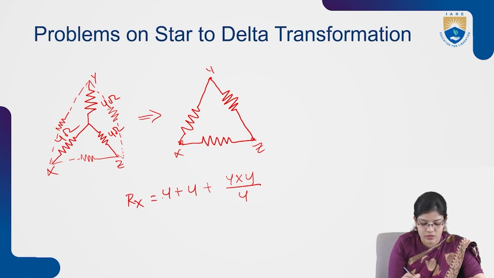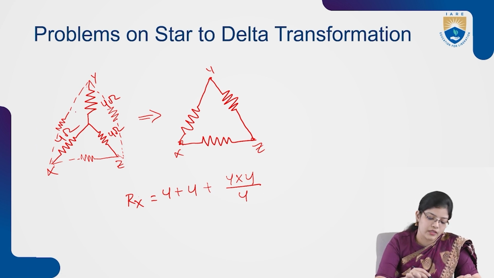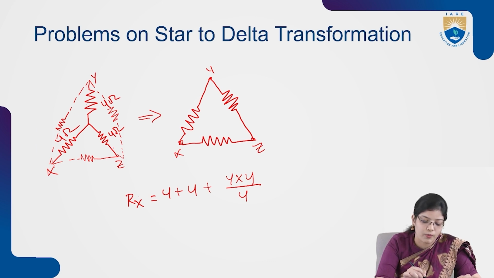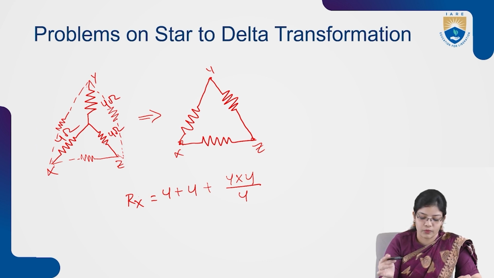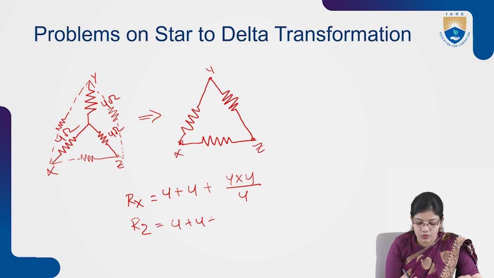First we add these two resistances, then multiply these two resistances, and divide by the opposite resistance. These two resistances are 4 ohms, so I have taken 4 plus 4 plus 4 into 4 by 4. In the same way for Z, 4 plus 4 plus 4 into 4 by 4, and in the same way for Y.